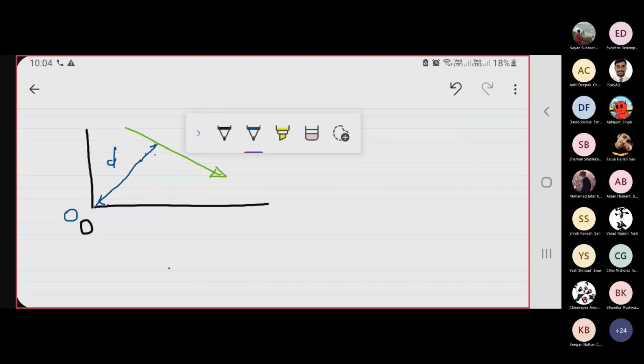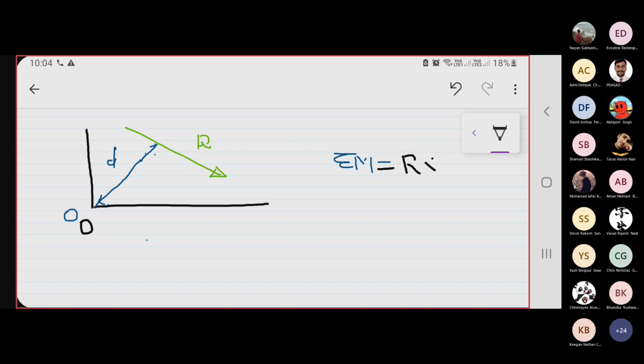What will be the moment? The moment is equal to the summation of moment due to R, which is equal to R into D.